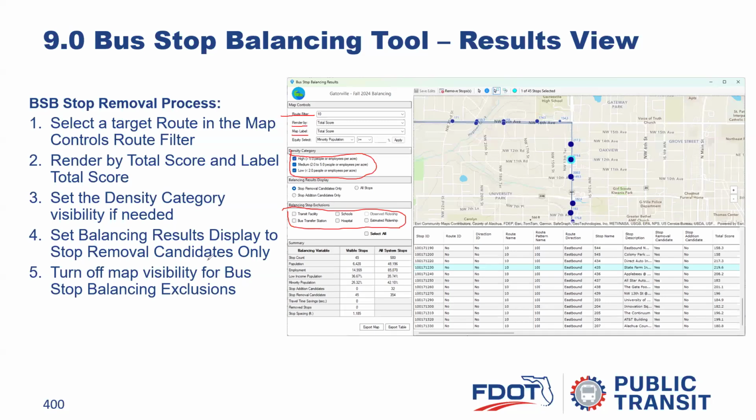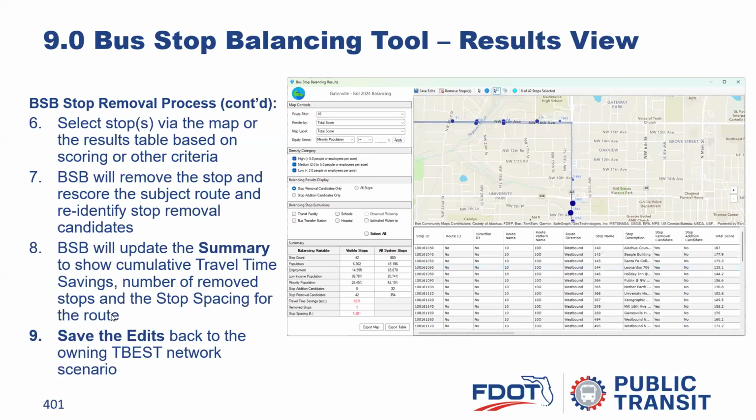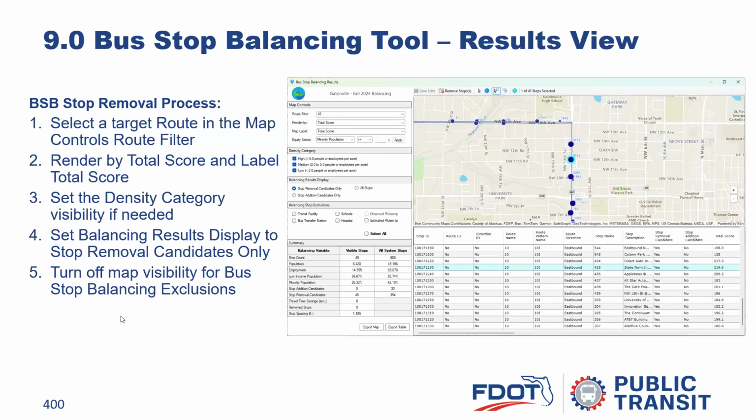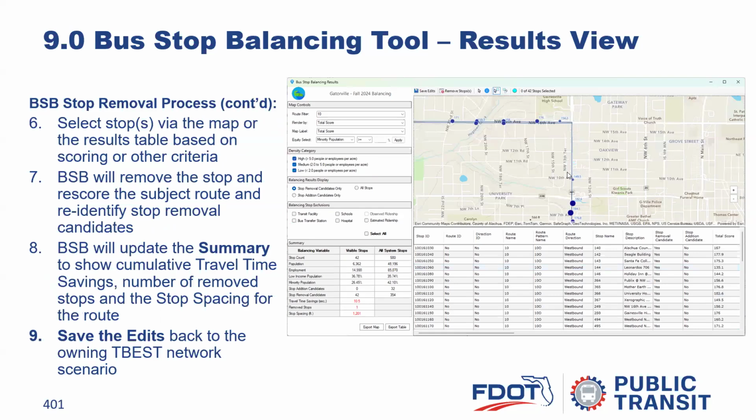And so let's go on to the next slide. All right, so the trick here is that we've selected this stop, and if we move to the next slide, when we removed that stop, it actually removed two other candidates at the same time because they were rescored.